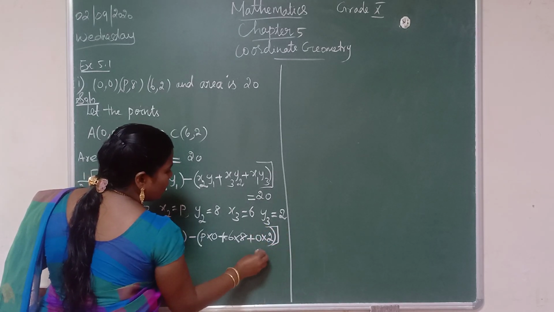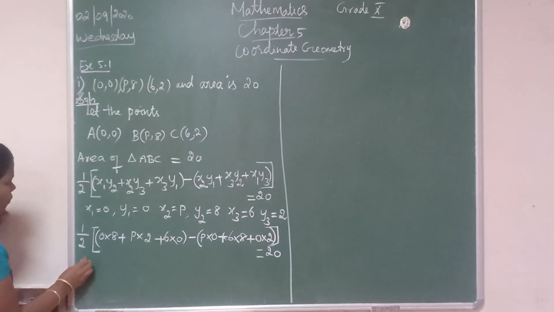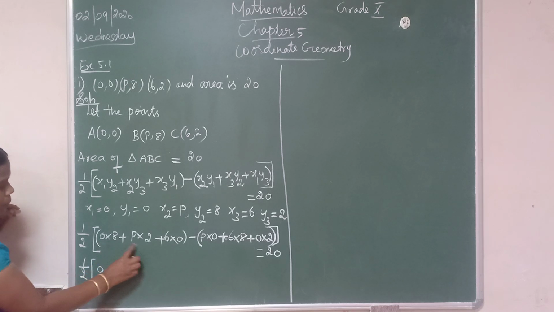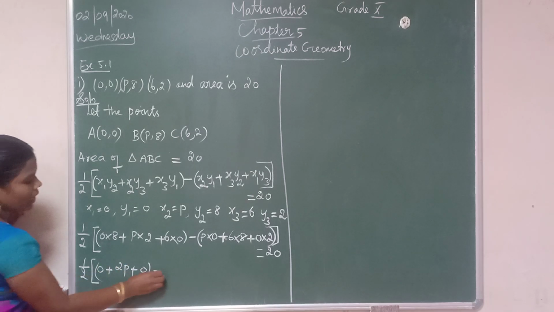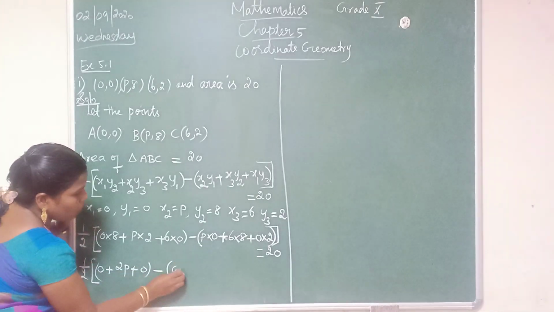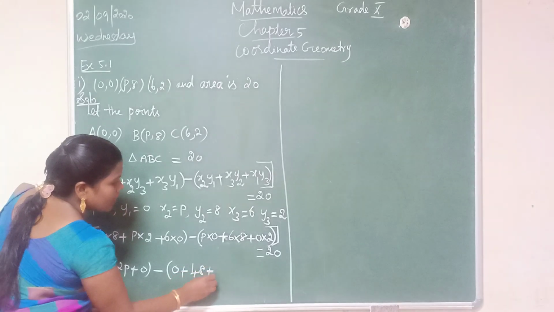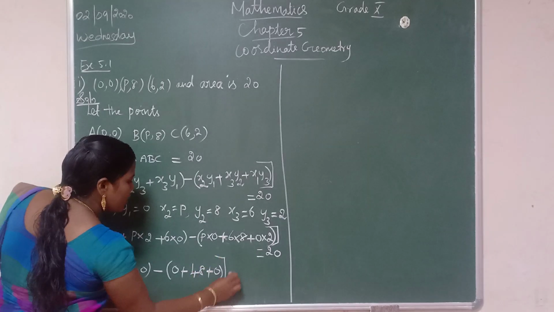Is equal to 20. Let's multiply: 0 into any value is 0, plus P into 2 is 2P, plus 0 into 6 is 0, close the bracket, minus, P into 0 is 0, plus 6 eights are 48, plus 0 into 2 is 0, which is equal to 20.